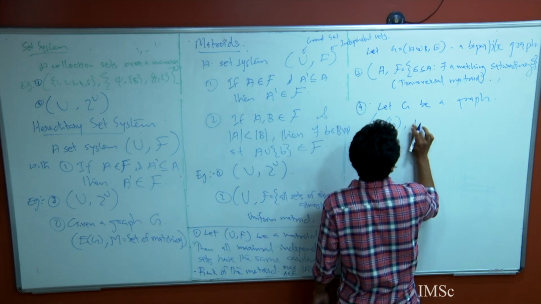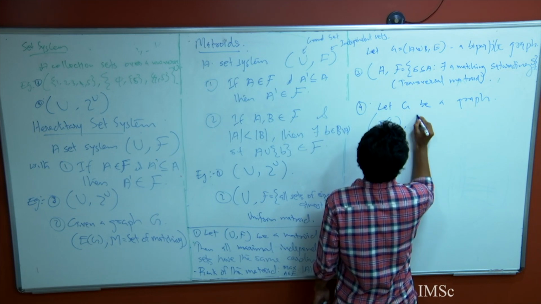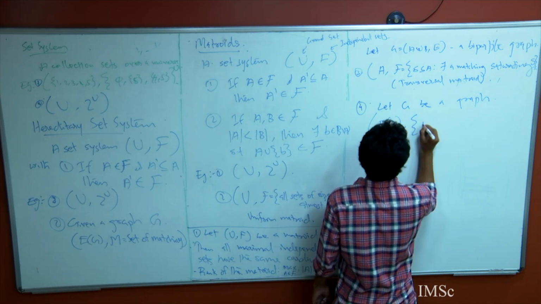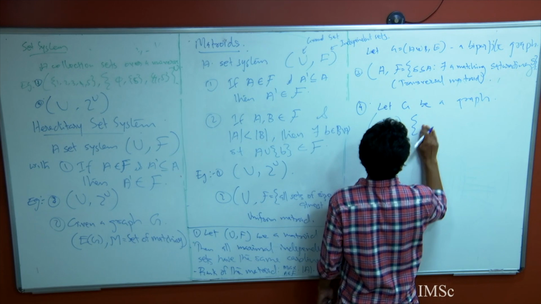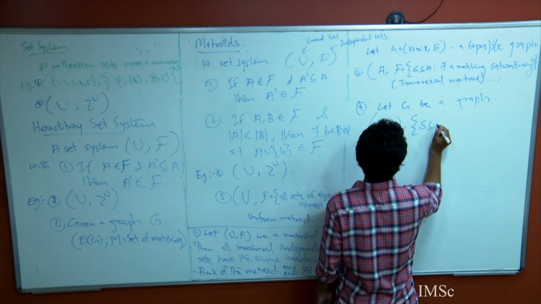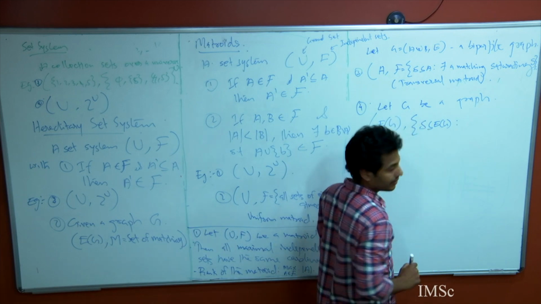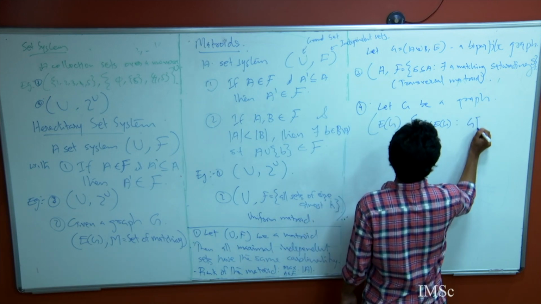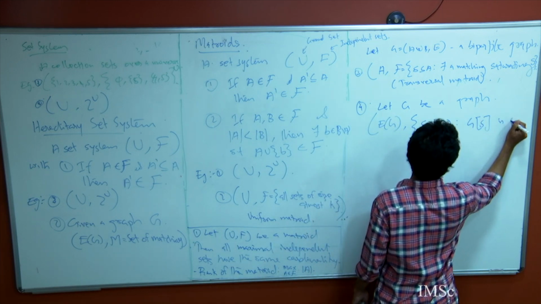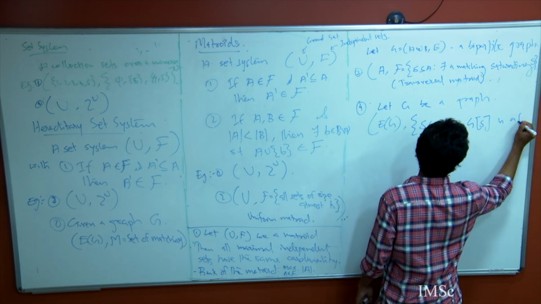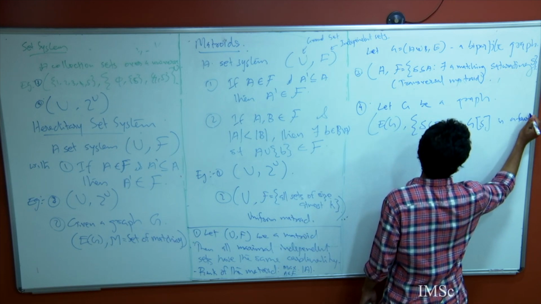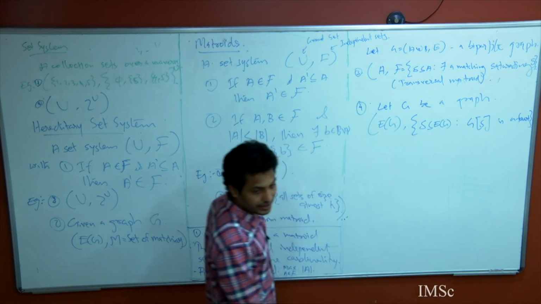And a set S, a subset of E of G, is an independent set if the graph induced on S is a forest, or it is acyclic.